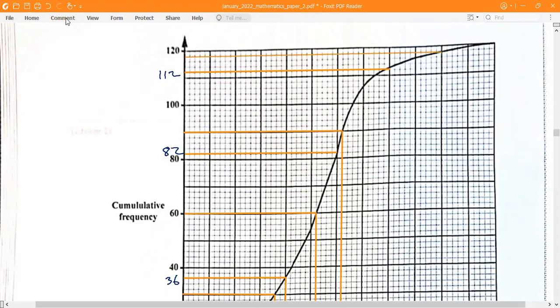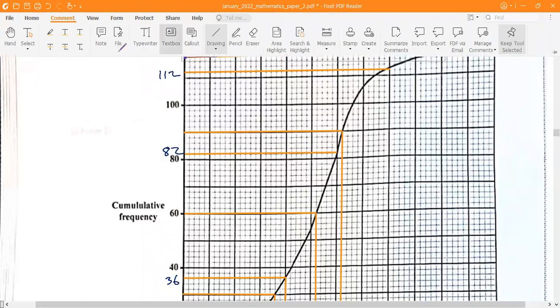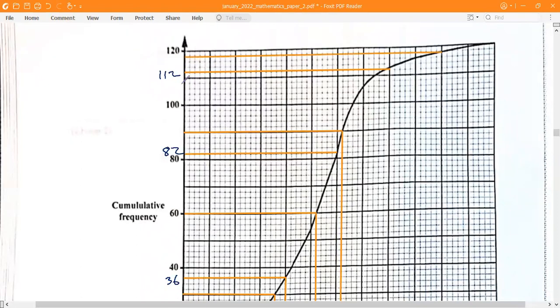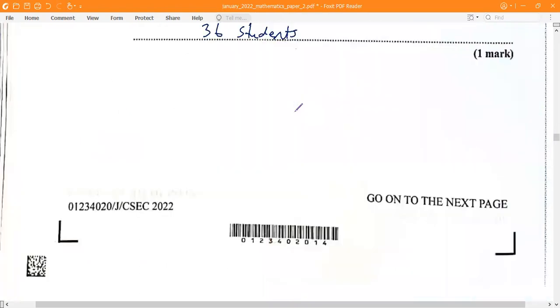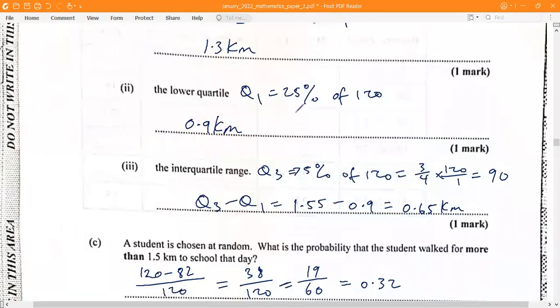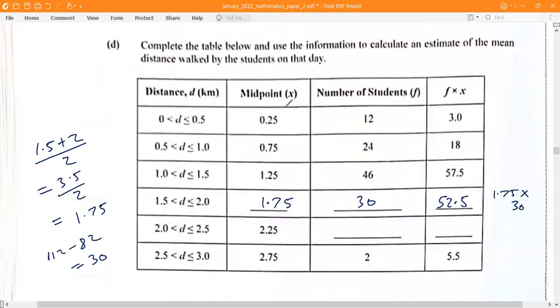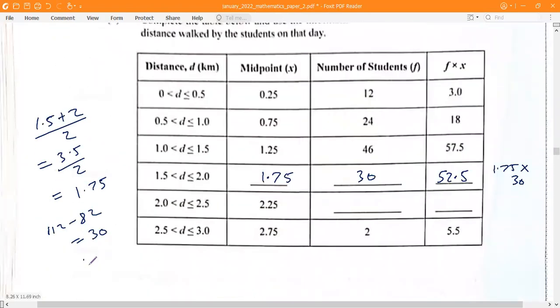And this is 118, right? Okay, it is 2 less than 120. So 118, take away 112, and we get 6.